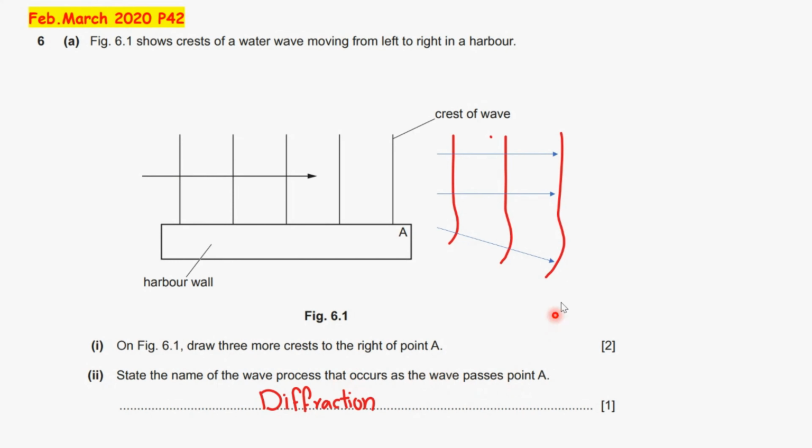Diffraction means the spreading out of waves after passing through a gap or close to the edges of a harbor wall or curved ends. So with this, we have a change in the shape of the wave. There's no change in the wavelength or the frequency. Everything is constant except the shape of the wave.